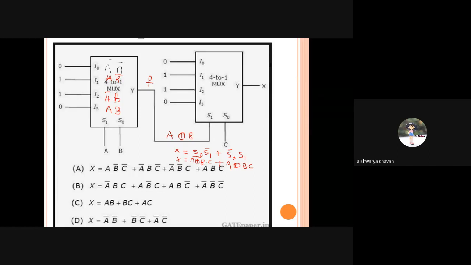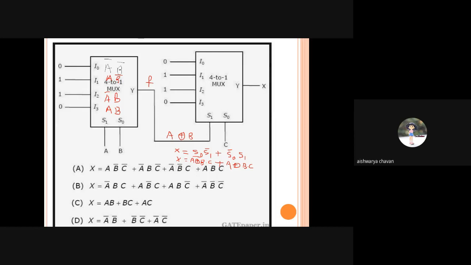Now S1 is nothing but A XOR B and S0 is C. So as S1 bar is there, we write (A XOR B) bar for this, plus for S0 bar, that means C bar. And for S1, the data is A XOR B.